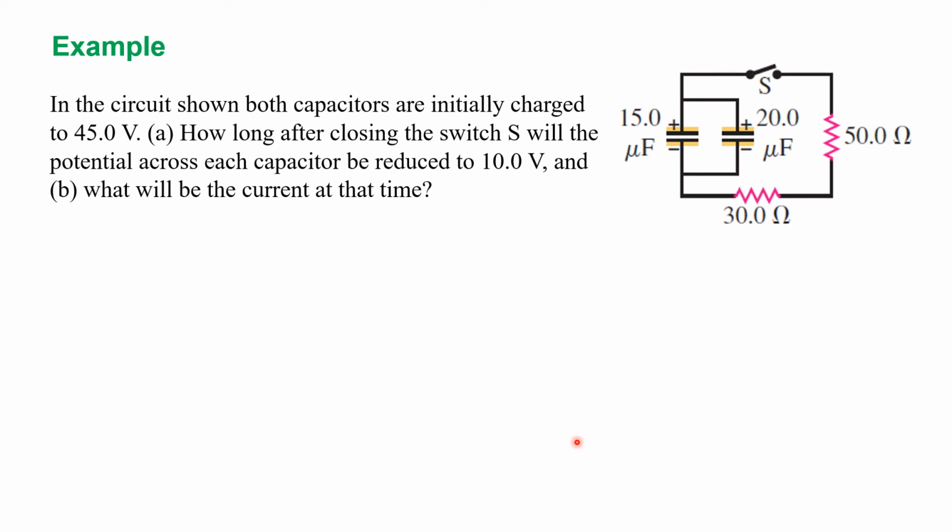So as you can see here, this is actually a discharging process, and your two capacitors initially are charged at 45 volts, and you're asked to find the time in which your capacitors will only have 10 volts each, and also what will be the current at that time.